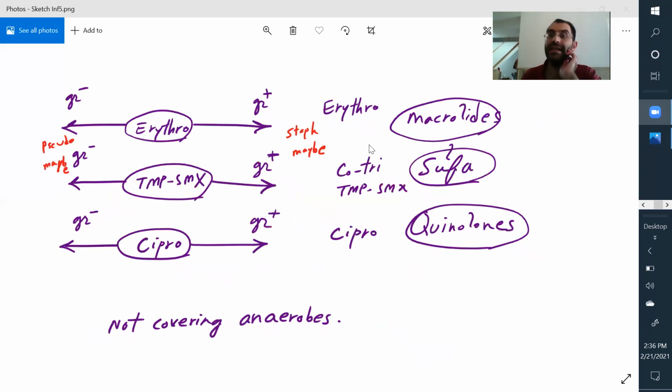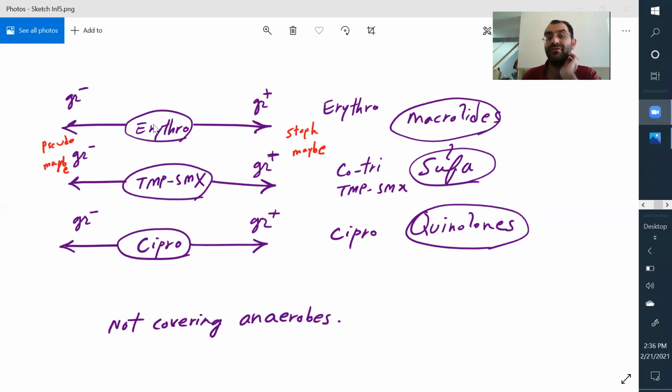Now, time to talk about three categories of antibiotics that are very similar to each other in terms of their coverage: erythro, TMP-SMX, and cipro.